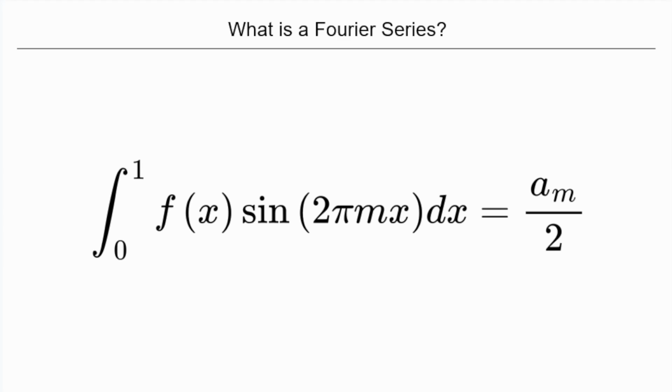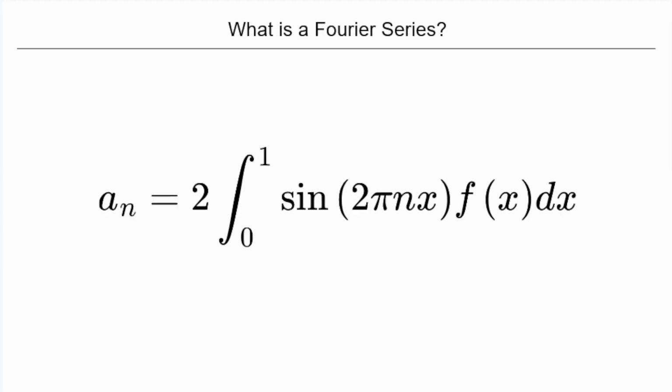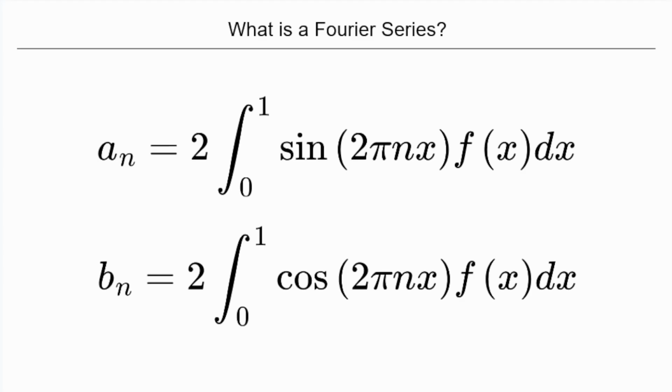Multiplying both sides by 2, we get that a_n equals 2 times the integral from 0 to 1 of sine of 2 pi nx times f(x). The b_n's happen to be the same, but I'll leave that as an exercise to you. But now, these are simply the formulas for the a_n and b_n that we wanted before. So now it's just plugging in this f(x) here, and then calculating this integral, and we'll get a_n. Then do the same for this integral, and you'll have b_n.